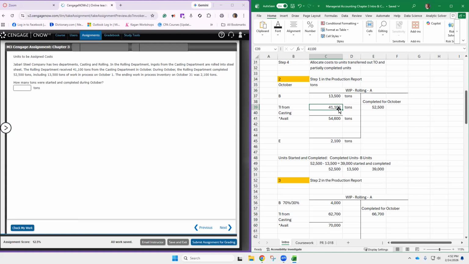Then during the month of October, they completed 52,500. Our inventory on October 1st was 13,500. And our ending inventory was 2,100. What they want to know is how many tons were started and completed.